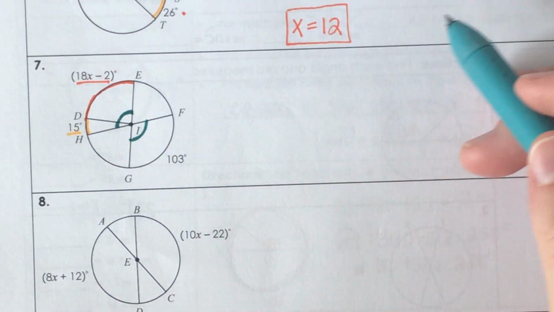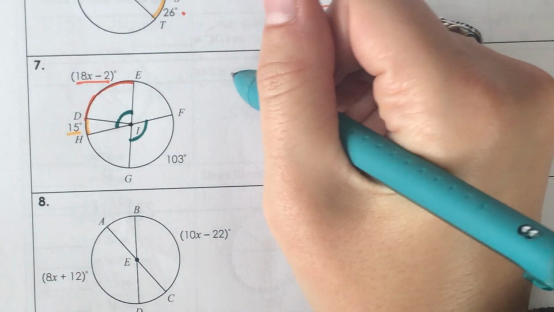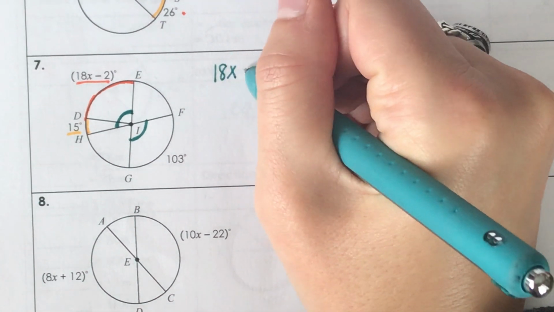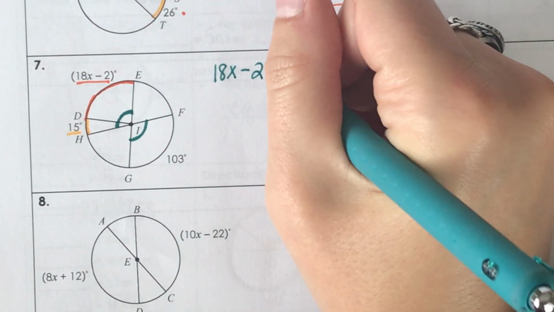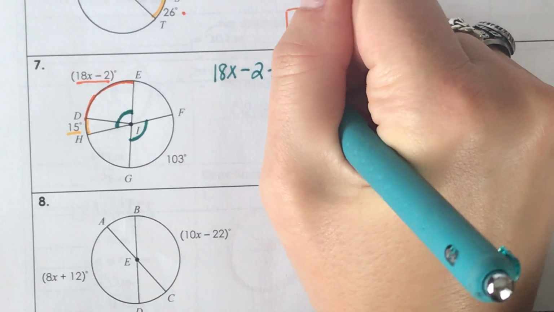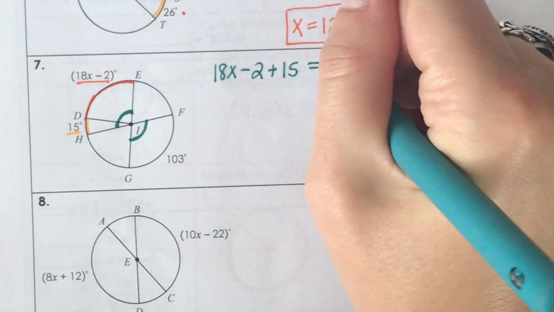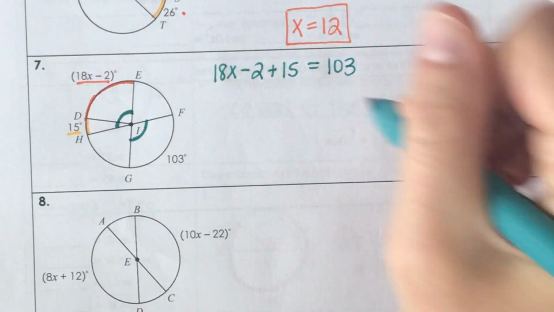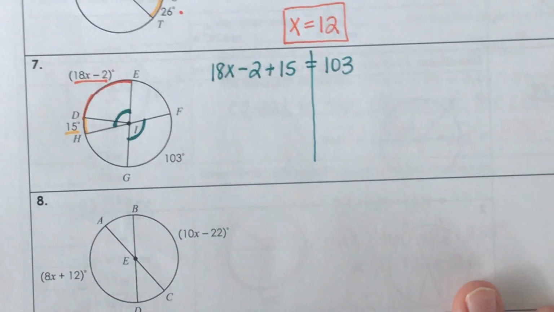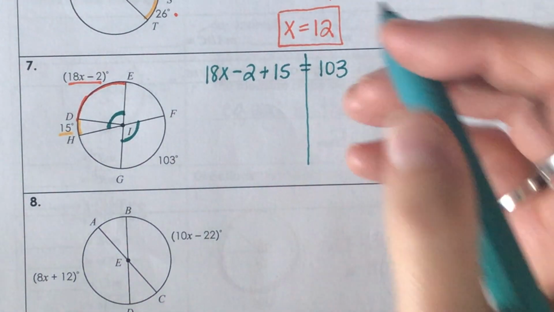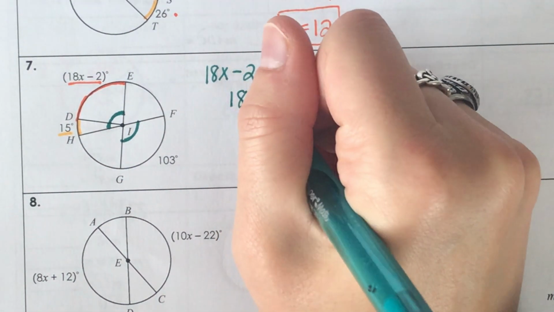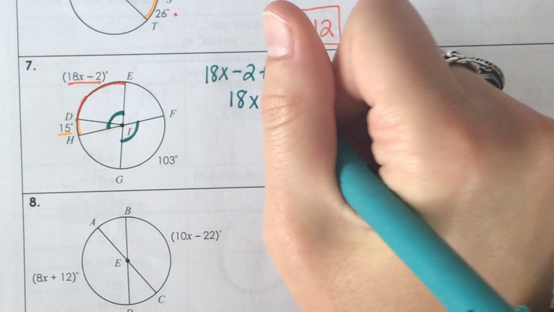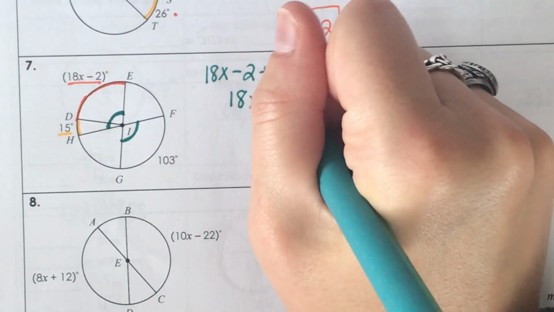So I can say 18x minus 2 plus 15 equals 103. And then I'm just going to solve that equation. So I can reduce on the left: 15 minus 2 is 13.